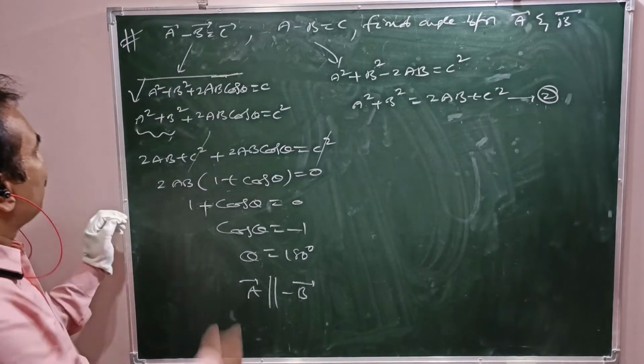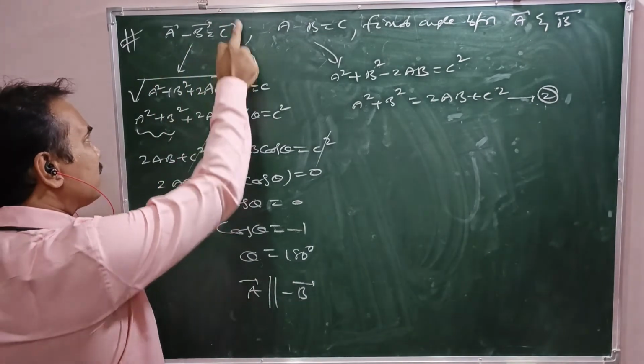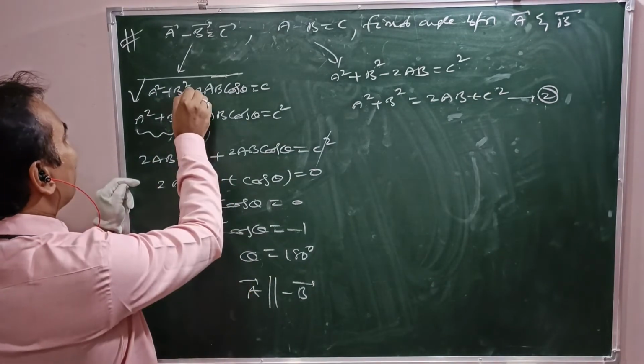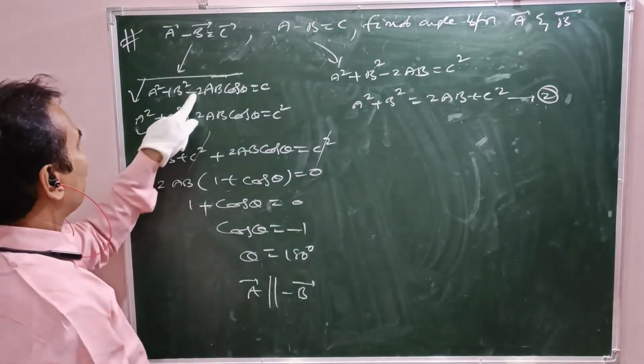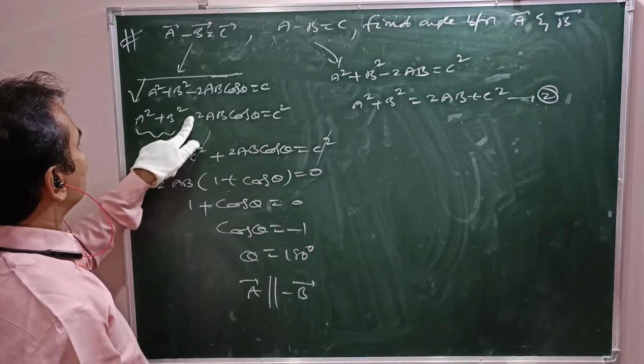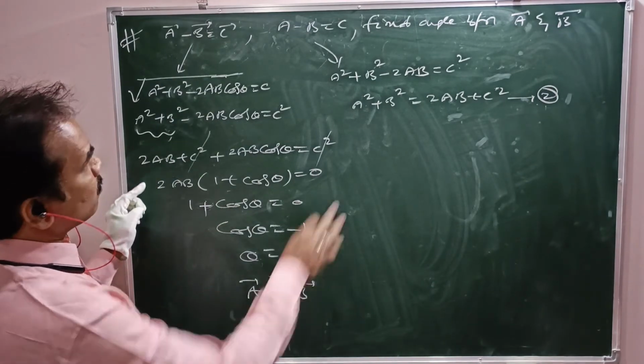Now we have the relation. What is the magnitude? Root over a square plus b square minus 2ab cos theta. Small variation with this negative sign. Take negative sign here, here also, and here also. So that is okay.